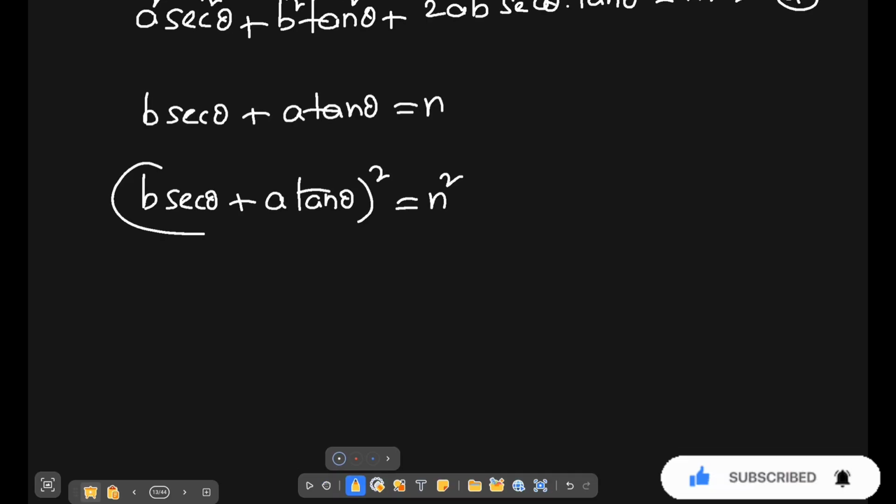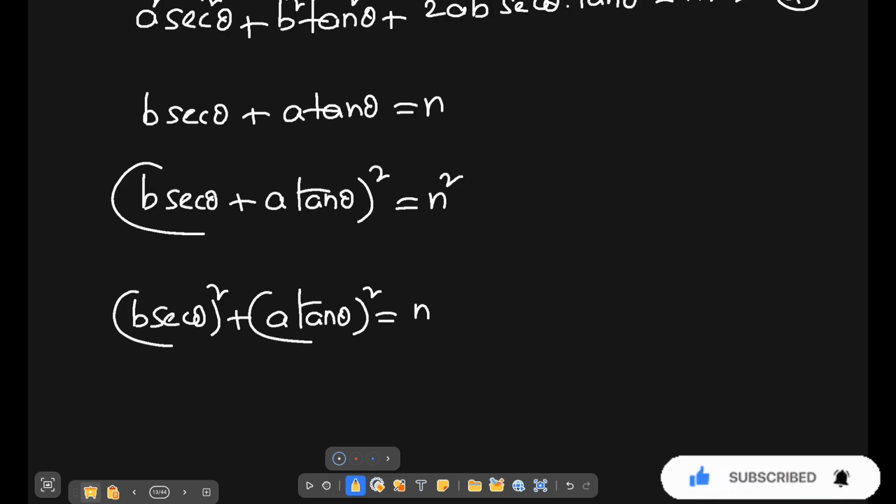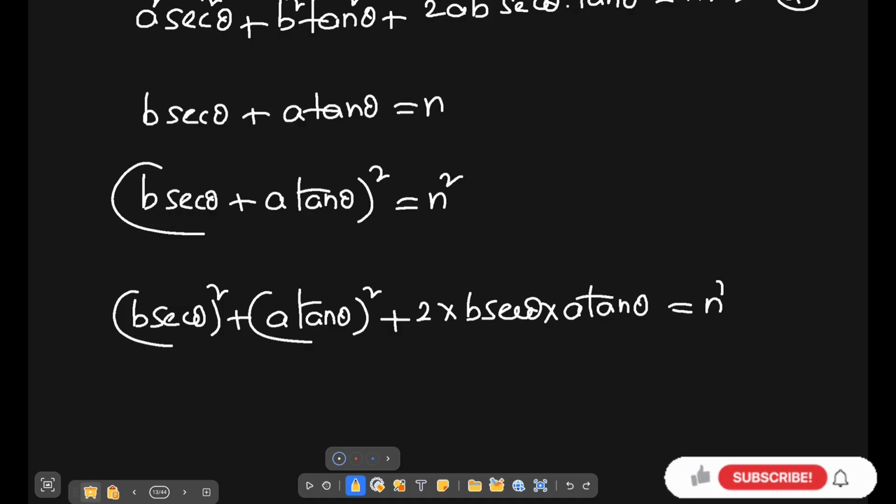Now apply the (a plus b) whole square formula: (b sec theta) whole square plus (a tan theta) whole square, plus, sorry, a square plus b square plus 2ab, right? So 2 into b sec theta into a tan theta is equal to n square.